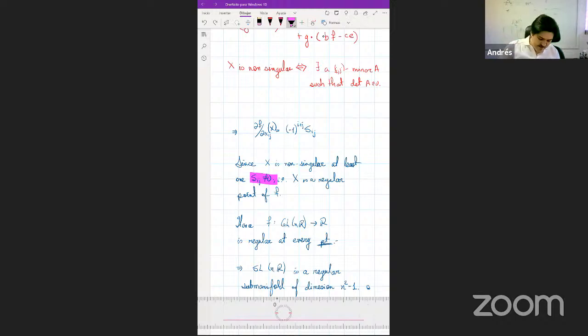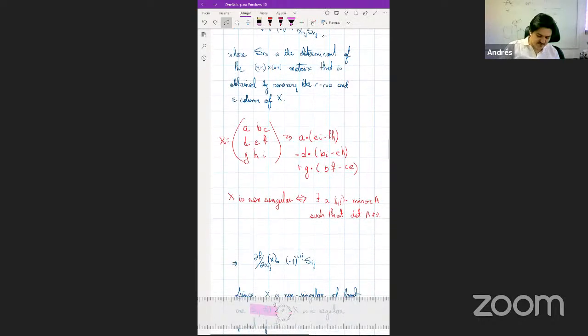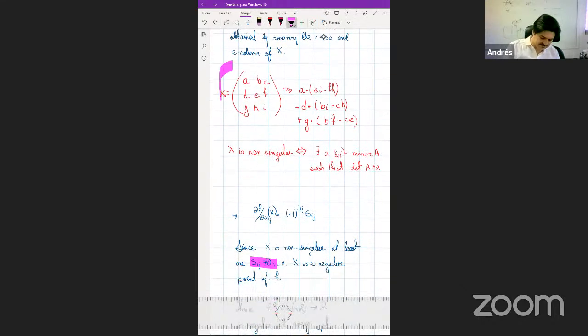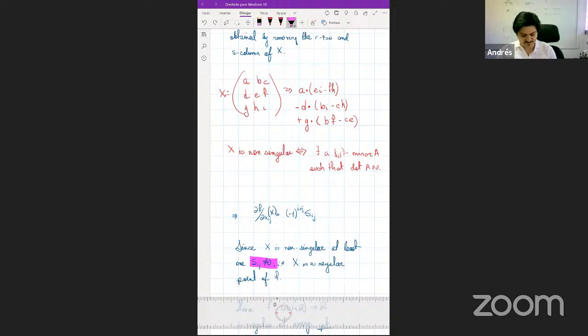Now, precisely all of this is what I want you to have a clear understanding of. Because remember the theorem that we're using.